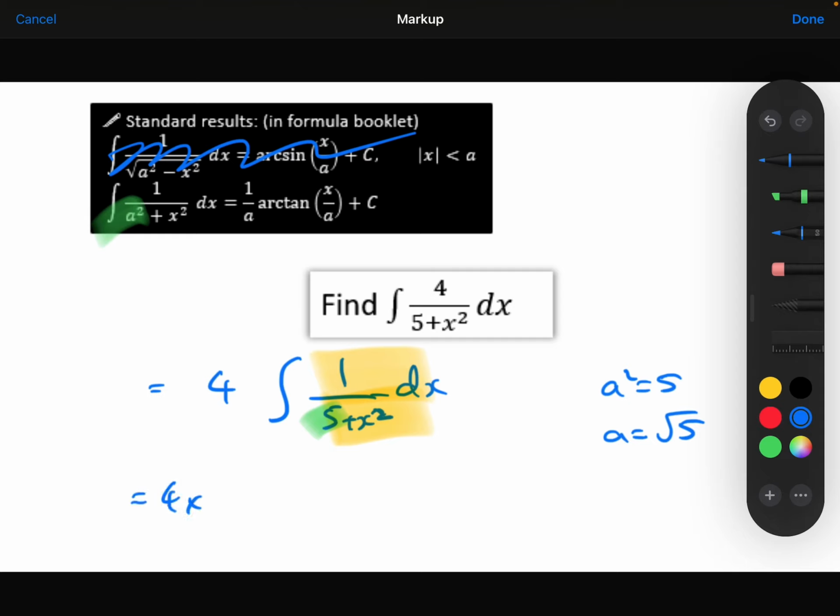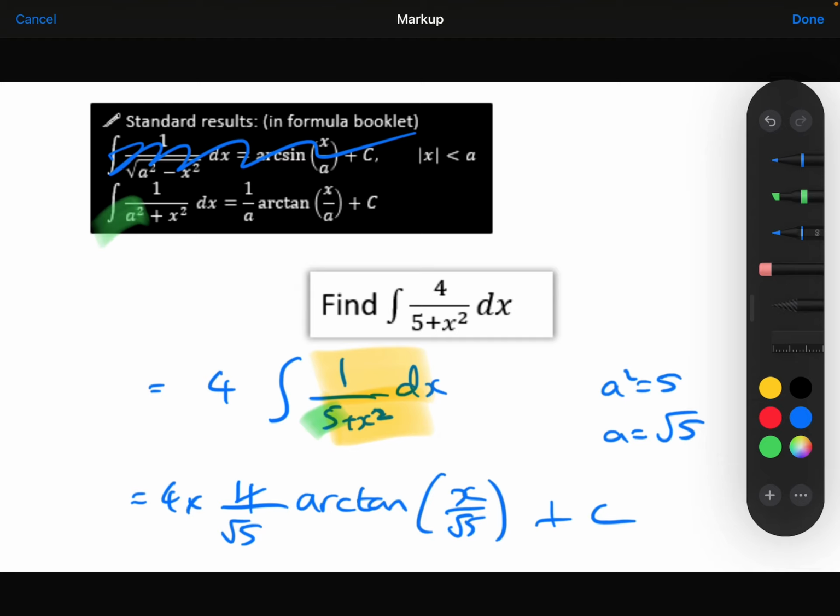Now, using the result directly, I've got the 1 over a, so 1 over root 5, arctan of x over root 5, plus c. And other than simplifying the coefficients at the front here, the 4 times 1 over root 5 is 4 over root 5. That's it, we're done. We've integrated it using these results.